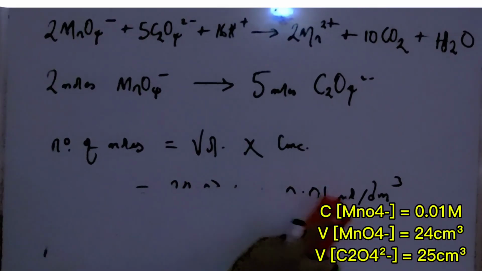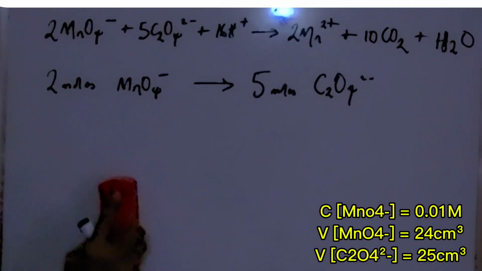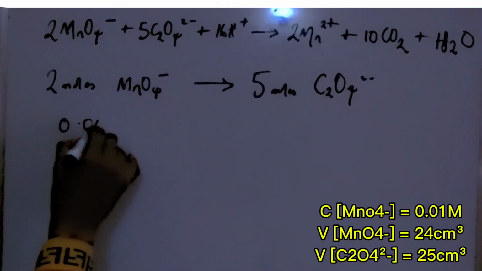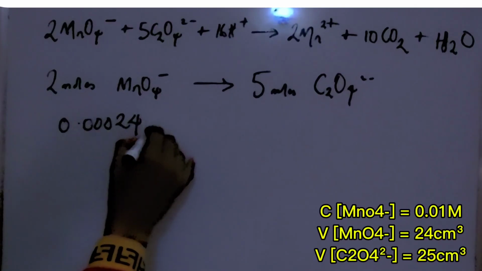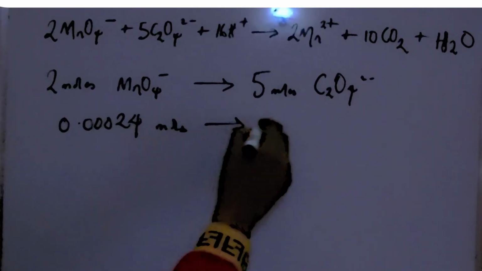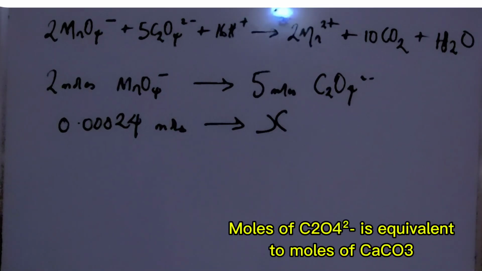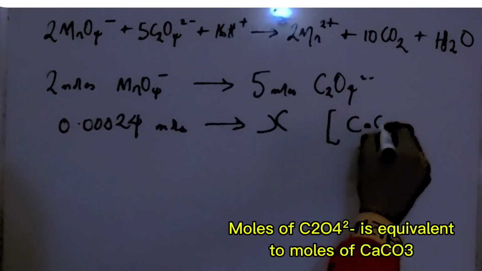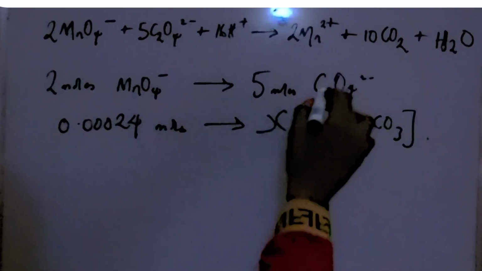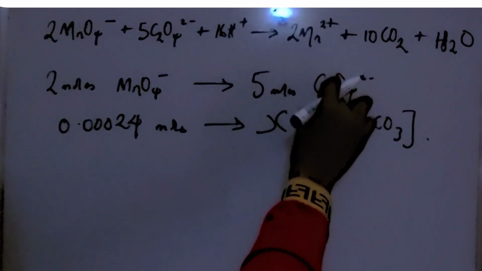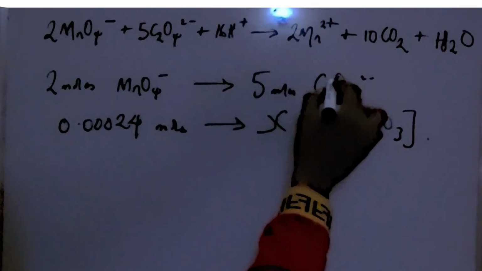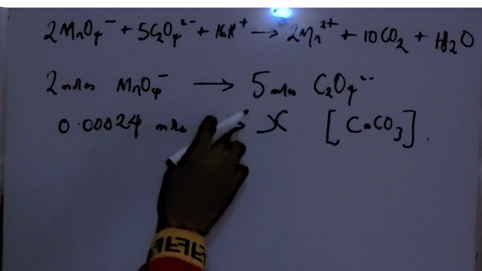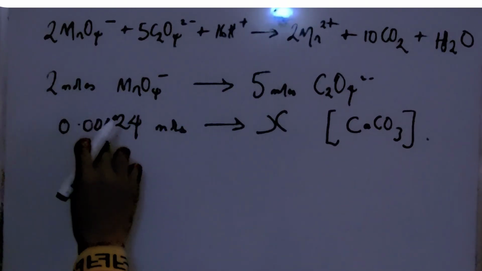Remember, my moles of permanganate, I derived 0.12324 moles. So how much is this going to be? What we're going to get here is due to the moles of calcium carbonate, because they're equivalent if you go by equations 1 and 2 and the previous equations I've just shown you. Now what we essentially do here is 5 times this.